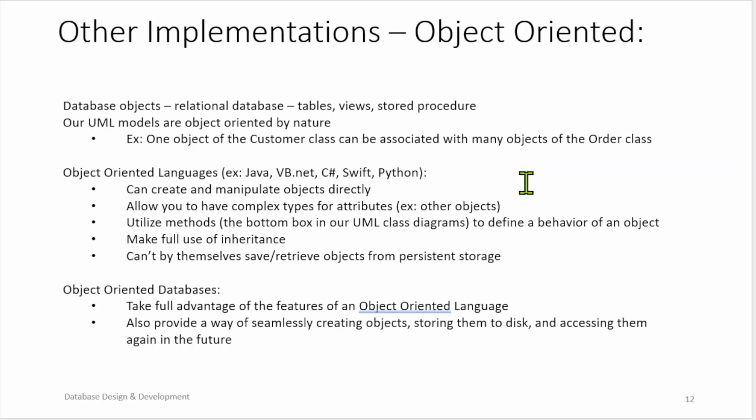Instead of having to write that in your code every time you need to sort data, you just call that method and send your data to the function, and the method will return that process for you. You can make full use of inheritance using this kind of language, versus just the limited inheritance found in SQL Server or any kind of SQL relational database.